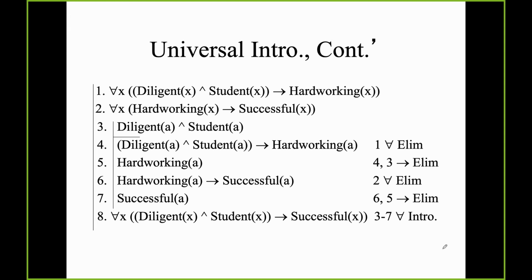So we assume the antecedent. We derive the consequent, which happens to not be hardworking, it's successful. And then we start peeling off and providing an instance of our quantifier and variable. Does that answer your question, George? Yeah, I just switched those two.